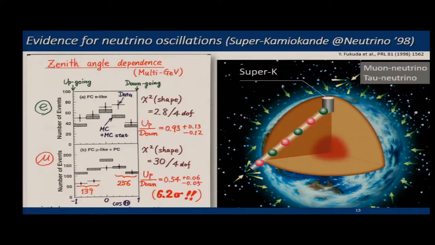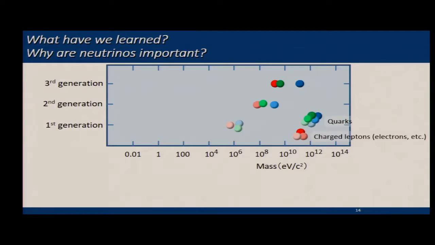But maybe you may ask, since these are particles, it might be natural to have finite mass. Why is it important to observe the neutrino mass? Now, I want to tell you why we think that the finite neutrino mass is important.